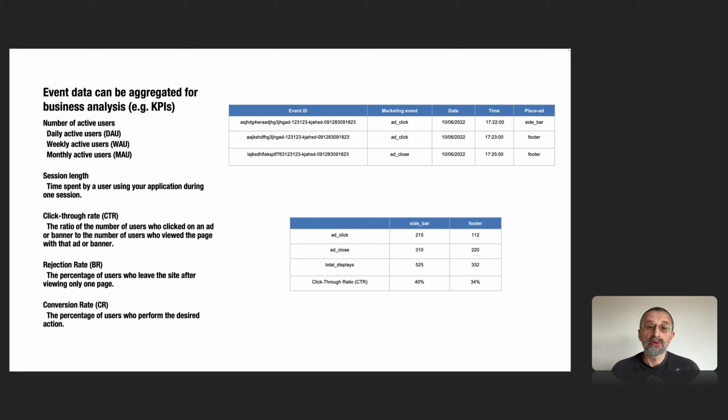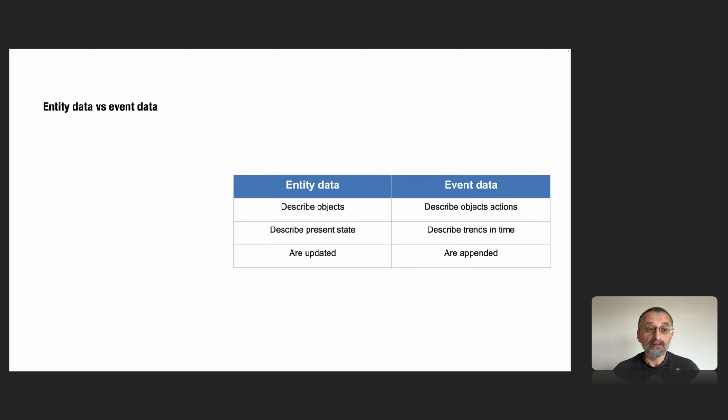So sometimes it's good to make a kind of experiment, identify what was the source of the data for a KPI we have in our business intelligence system, to track the technology stack used to generate this data based on the event data generated by different sensors, whatever it is. So when you compare those two types of data, entity data describe objects, while event data describe object actions.